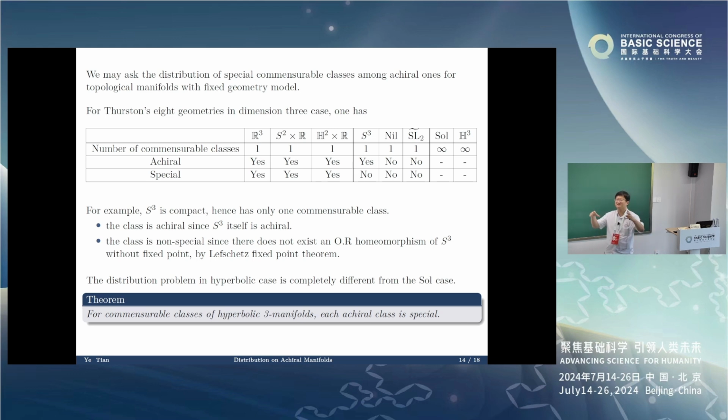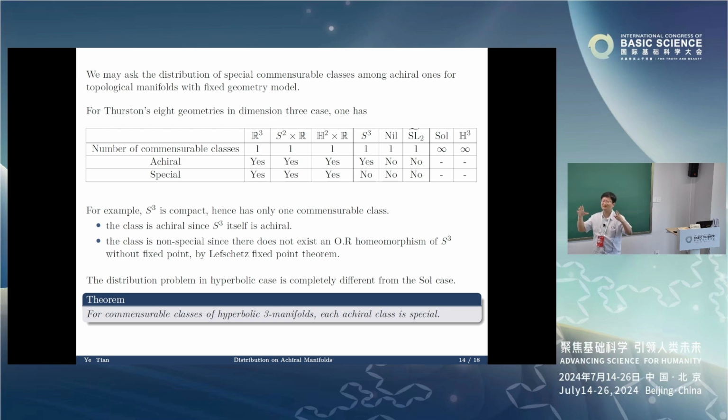So you put S3 into R4, right? Then there is a three-dimensional hyperplane, and there is a one-dimensional normal vector. So you just map z to negative z and keep the other three coordinates the same. This is reflection along this hyperplane in R4.